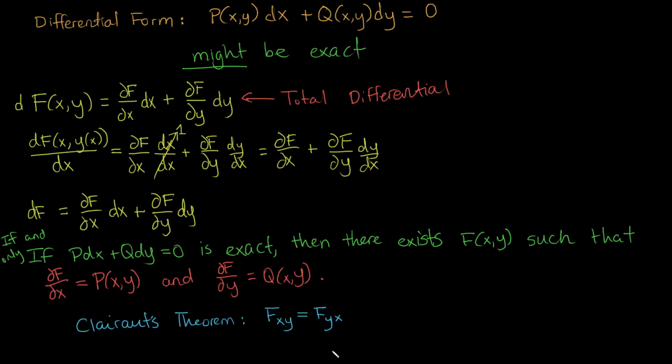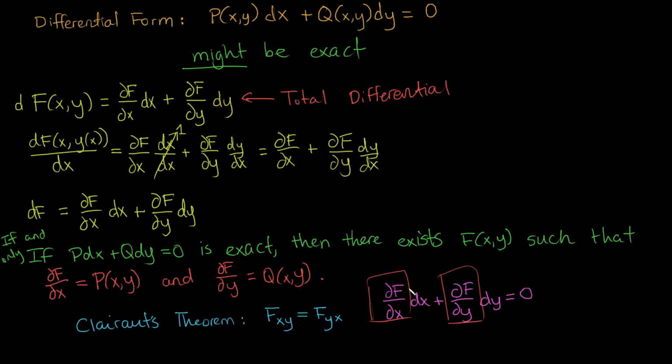And we can see that it is useful because if indeed our equation is exact, then we would be able to rewrite it as the partial of f with respect to x dx plus the partial of f with respect to y dy equals 0. So we have these two elements here, partial of f with respect to x, partial of f with respect to y, if it's exact.